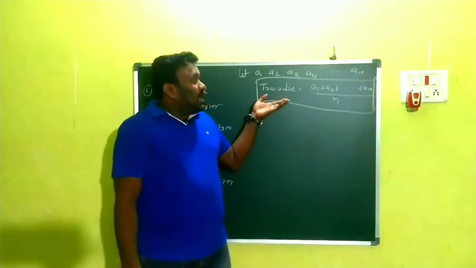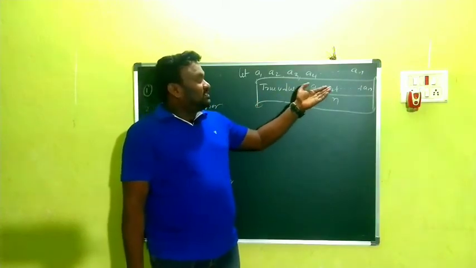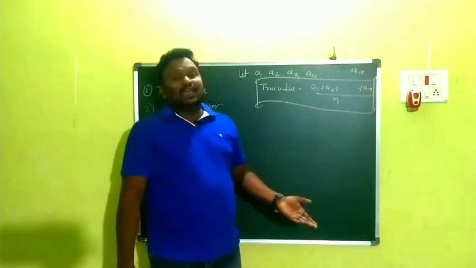Then the true value can be written as A1 plus A2 and so on up to An, divided by N.